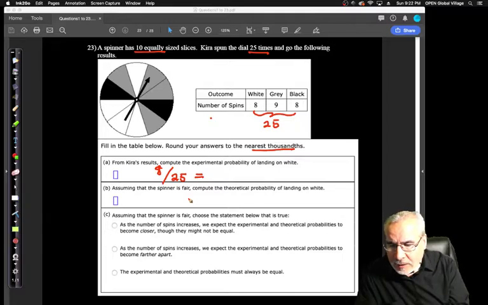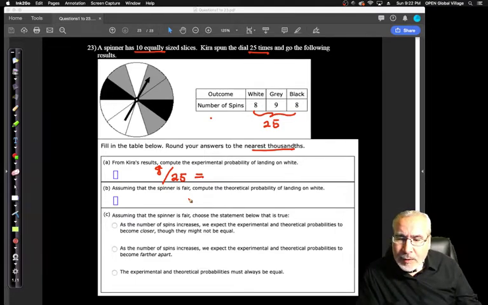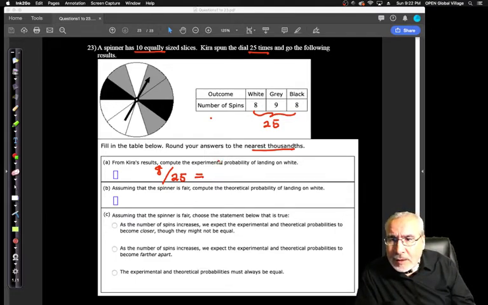So we'll do 8 divided by 25. I get 0.320 going to the nearest thousandth, so 32%.